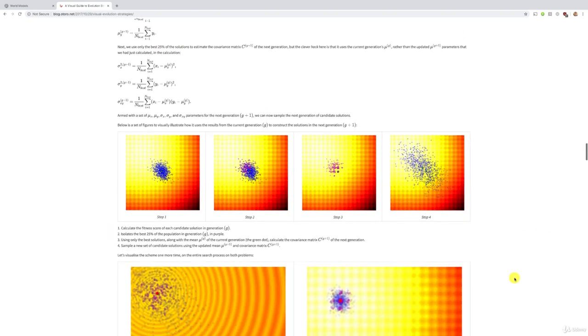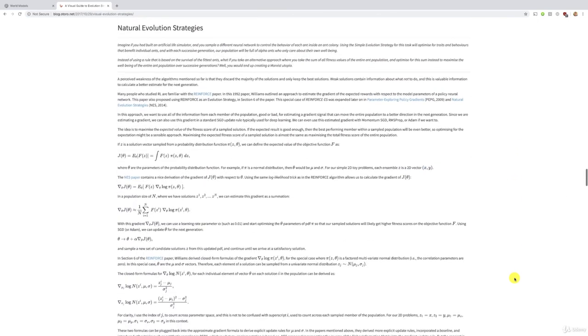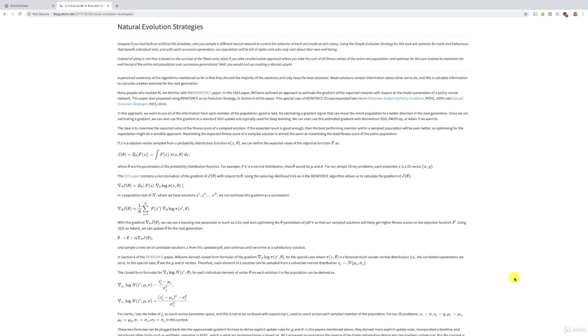And so here we're going to see a couple of things to change. The first one is that this time, instead of taking a subset of best solutions, we're going to keep even the worst solutions. That is because, as the author clearly states, weak solutions contain information about what not to do.